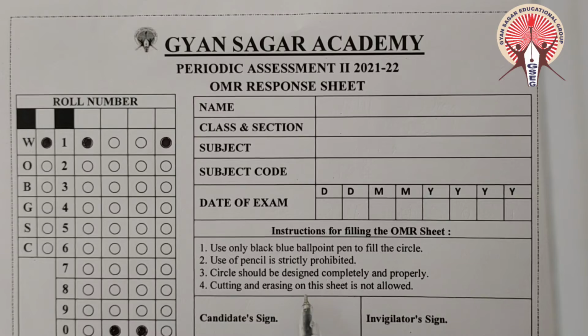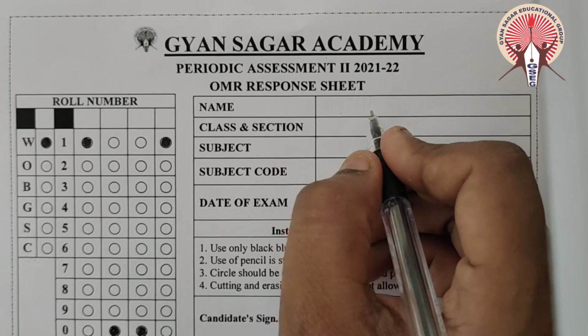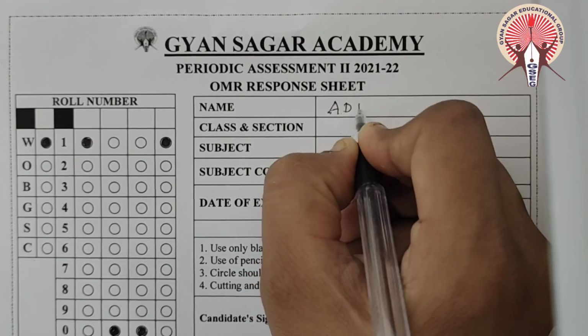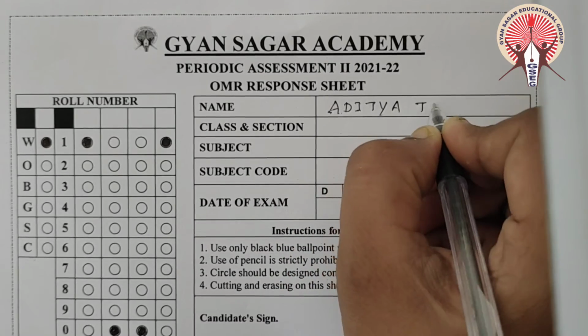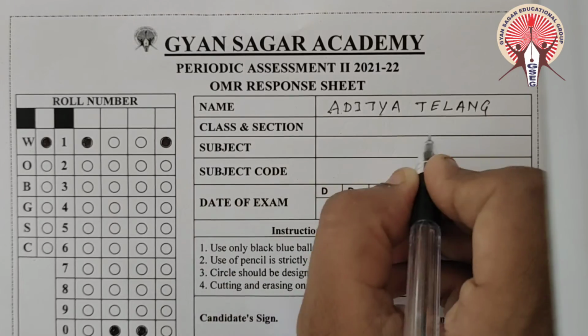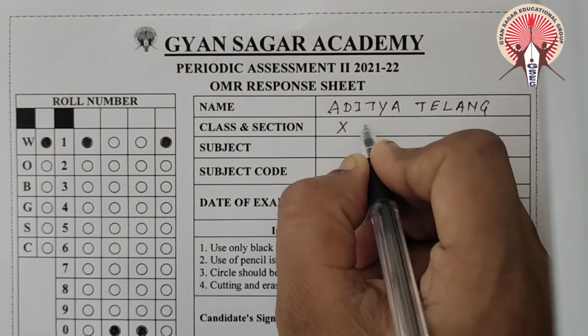Then move on to name. As I told you, you have to write your name in capital letters. Suppose your name is Aditya, followed by the surname. You can see I have written Aditya Telang. You are in class 10th white.